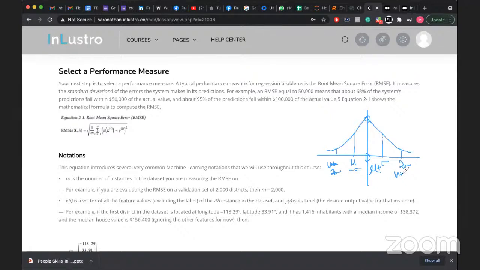Does everyone know what standard deviation is? Darshini, can you tell me what standard deviation is? Come on now. Devadarshini, does anyone remember?